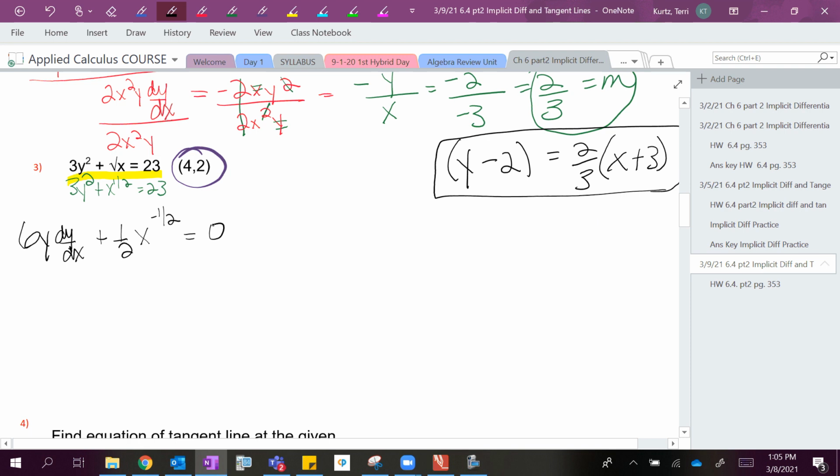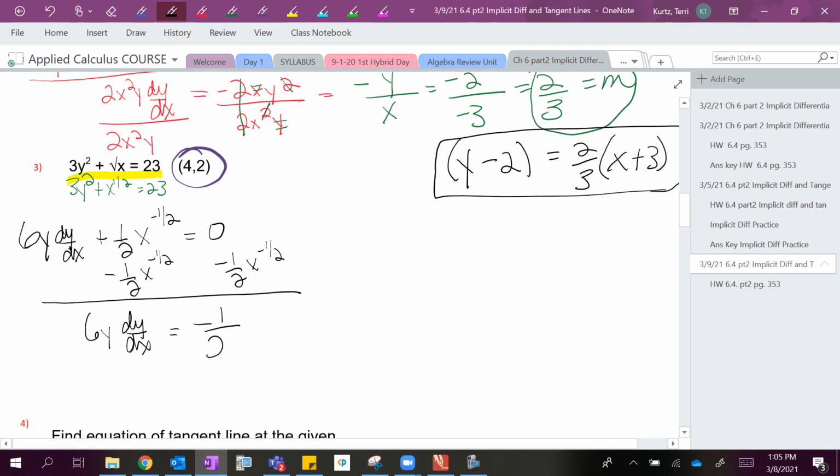Okay, so now I need to get the dy/dx by itself. So I'm going to go ahead and subtract this from both sides. And I end up with 6y dy/dx equals negative 1/2 x to the negative 1/2.